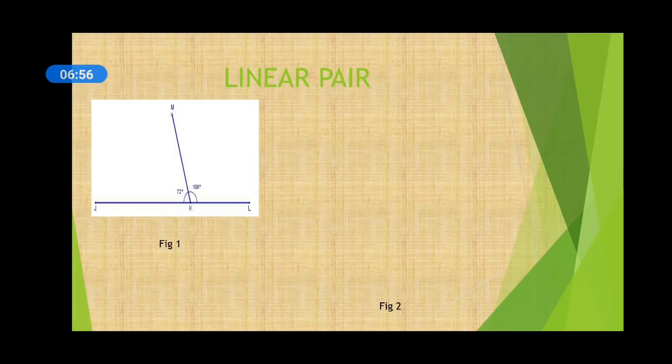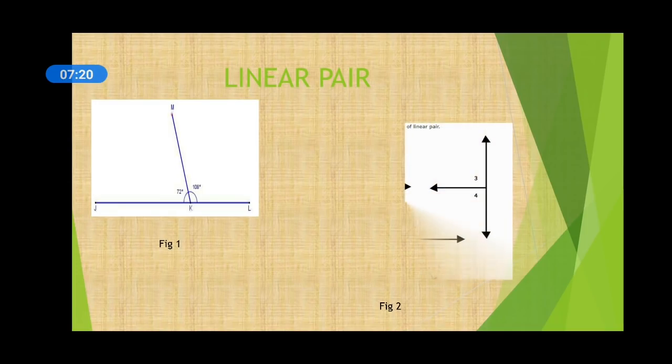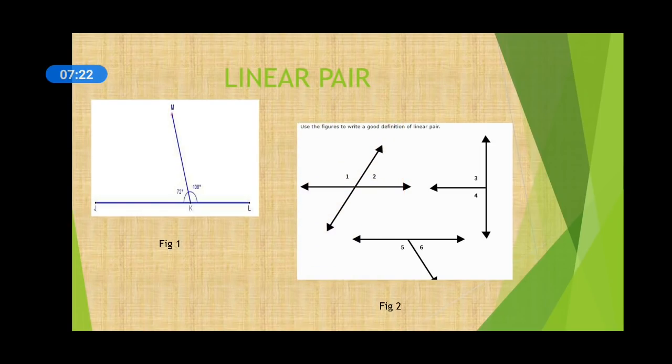So whenever two adjacent angles are supplementary, they are called a linear pair. Or you can say two adjacent angles, if their sum is 180 degrees, form a linear pair. Or in other words, if two angles lie on a straight line, then they are forming a linear pair.